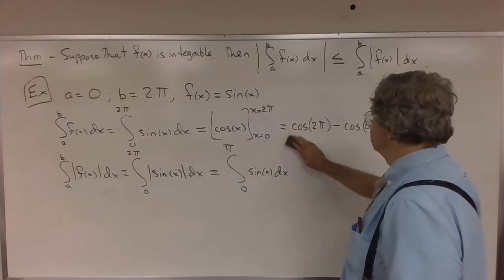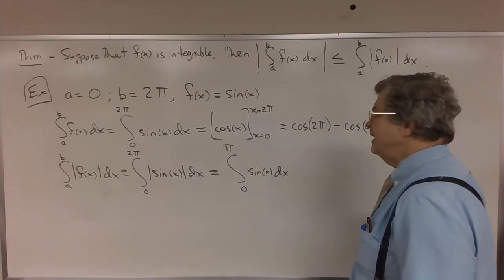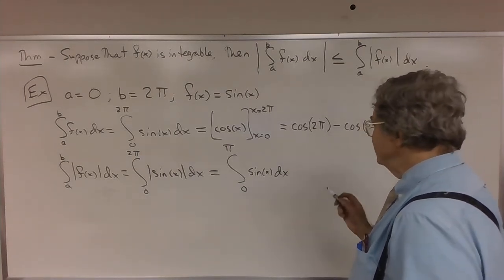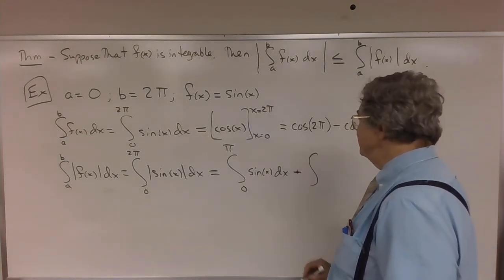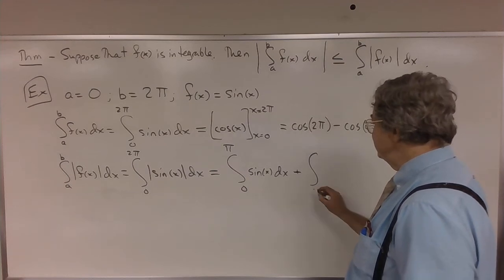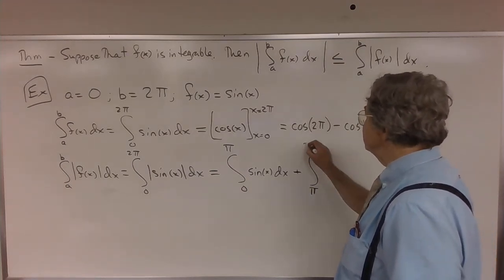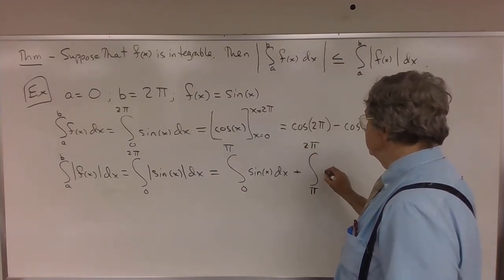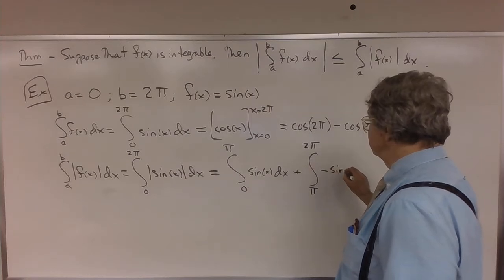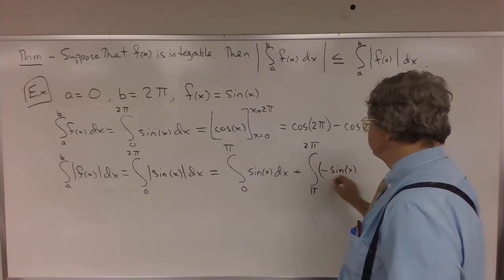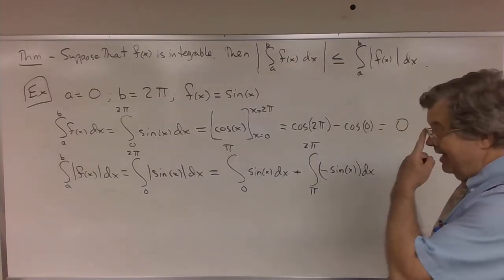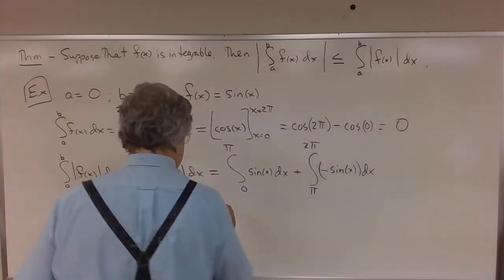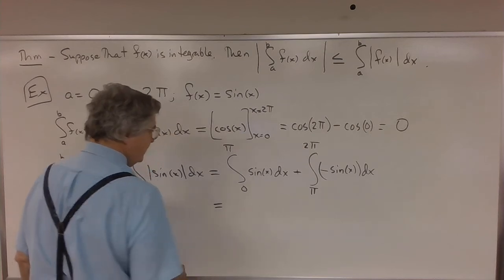But from x equal pi to 2 pi, sine of x is negative. So the absolute value of sine of x between pi and 2 pi is negative sine of x. And if I integrate this, I get what?